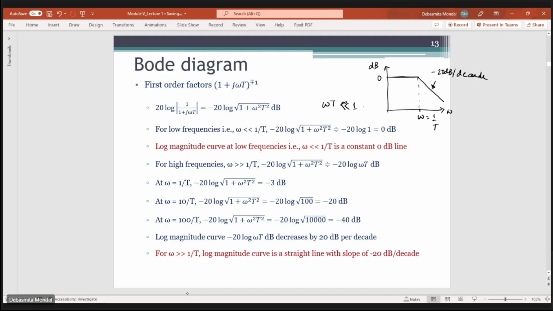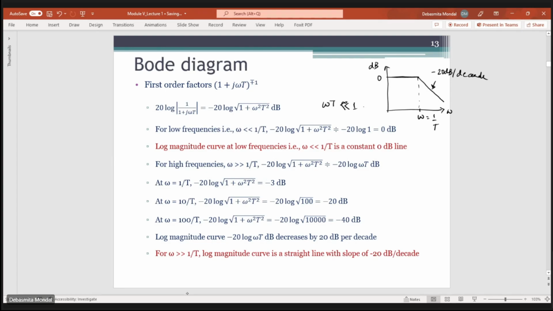At omega equals 1 by T, you can simply substitute these values and you will get the actual value of the log magnitude curve, which is minus 3 dB. But here if you simply draw the two asymptotes, you see that they intersect at 0 dB, right? But the actual value is minus 3 dB.